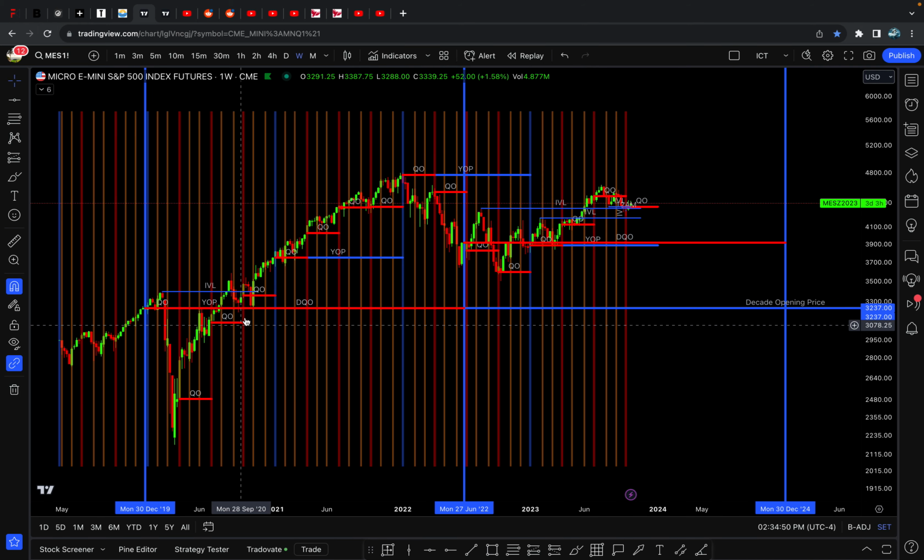Typically, it's in the first quarter of whatever you're looking at. So we're looking at the decade quarterly open, and we're looking at the first quarter of that. We can see what happened: it dipped down, and then it went up.